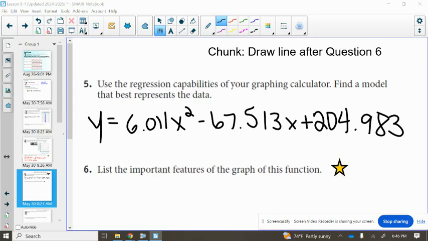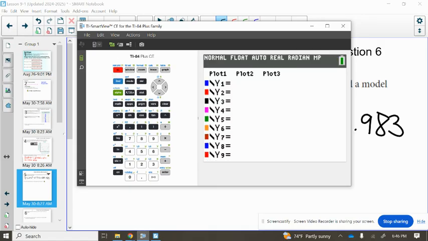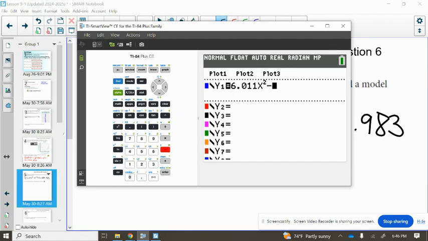And what happens is if we then go under our y equals menu and actually plug that in, 6.011x squared minus 67.513x plus 204.983, we can scroll up to turn on our plot.